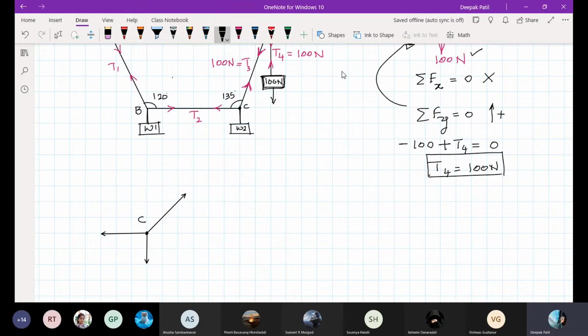This is the weight W which is not known to you. This I will call T2, and this I have already marked as T3, and I know its value, which is 100 newtons. And this angle is already given to you, which is 135 degrees. How much will be this angle, students?